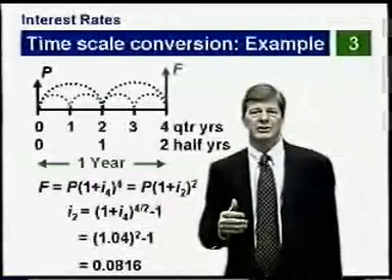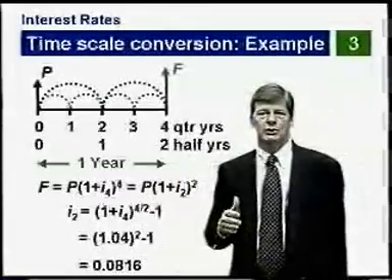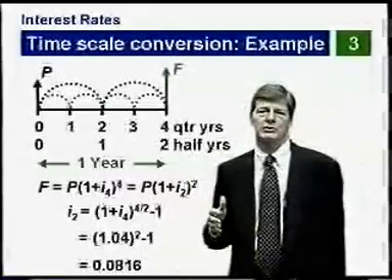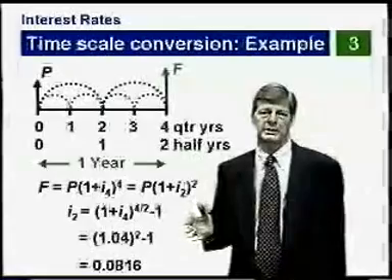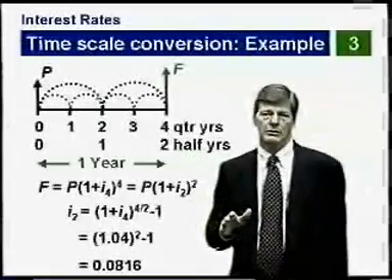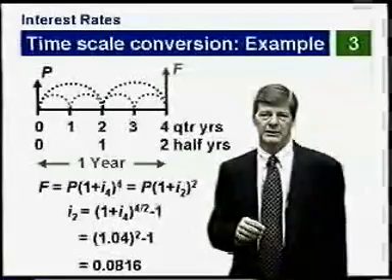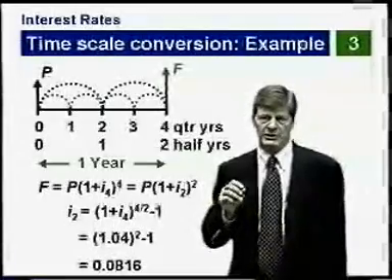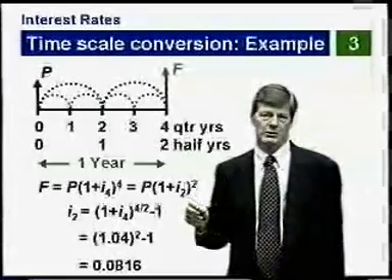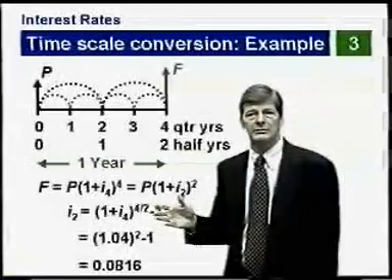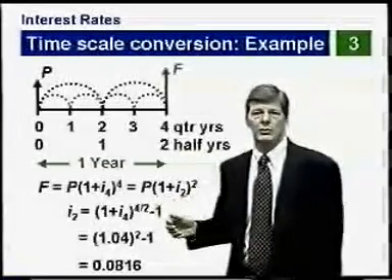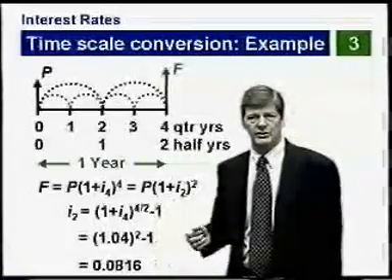Notice, the semi-annual interest rate that's equivalent to a quarterly interest rate of 4% per quarter is slightly more than 8% per year. That is, it's not exactly 8%. It's not twice the quarterly rate. Why? Compound interest. You're getting interest on interest.